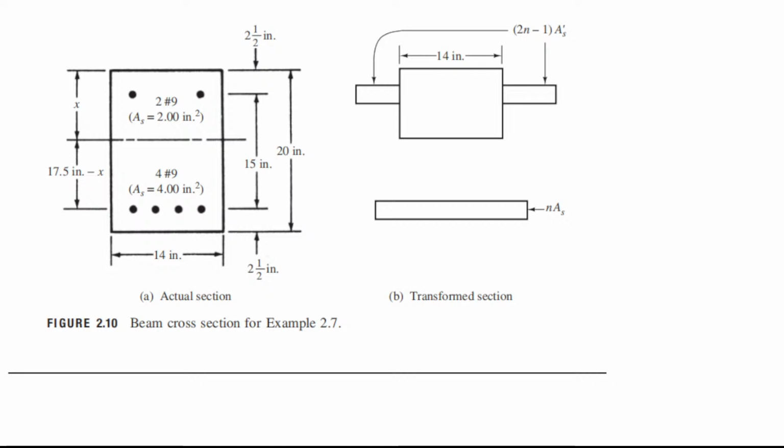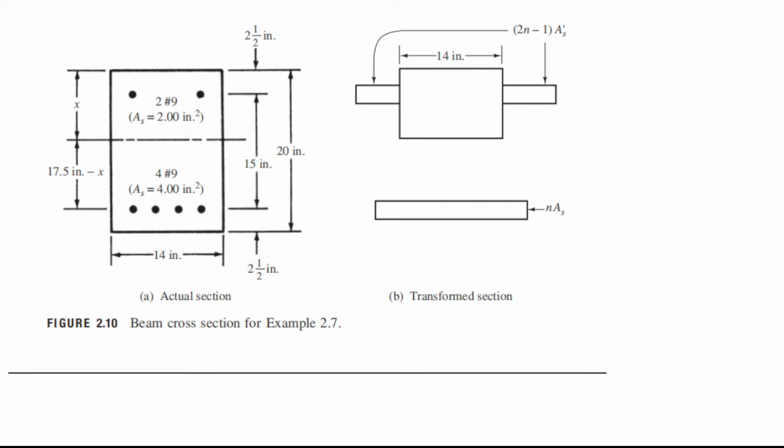And you'll notice on letter B of the figure, on the right-hand side of your screen, you have the transformed section, where we are using the transformed area method. In this method, we use the cracked elastic state. We acknowledge that the concrete has already cracked, up to the neutral axis.